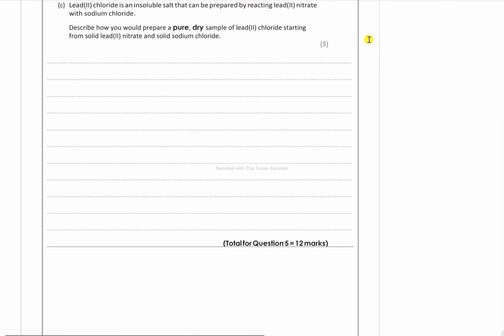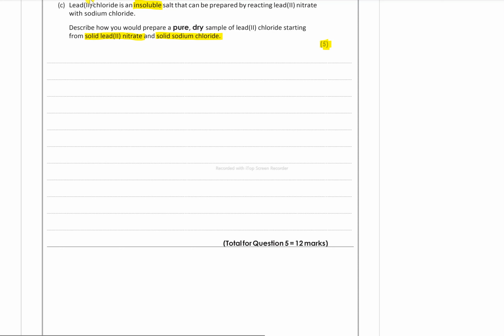Right, we need to now prepare an insoluble salt. It's a 5 marker. They've said lead nitrate and solid sodium chloride, so they've given us everything that we need to know.